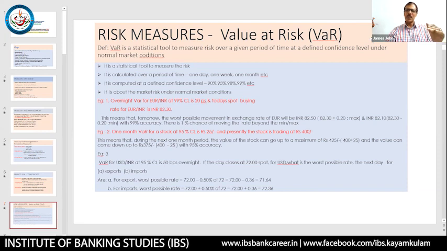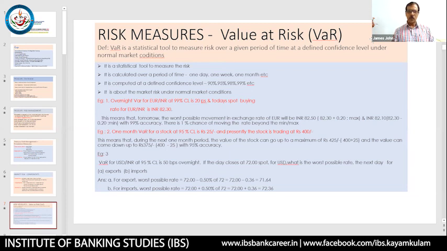Now see, look at an exporter: it means the bank is buying, or the customer is selling. So here the question is, what is the worst possible situation for an exporter? What is the maximum risk, when he brings the currency to the bank, he should get the maximum amount. So today it is 72 rupees and the VAR is 50 basis points.